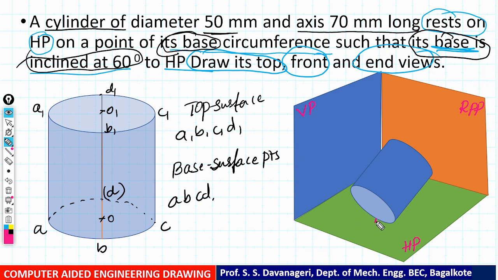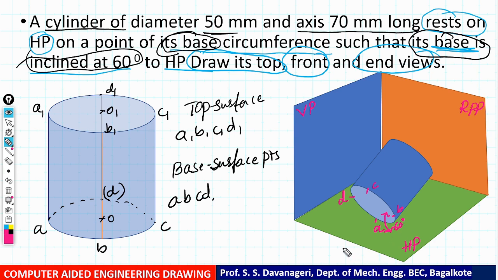The cylinder is going to rest on HP with one of its quadrant points. Let us take it as A. This quadrant point is B, this is C, and here it is D. Now the surface is going to make an inclination of 60 degrees to HP.